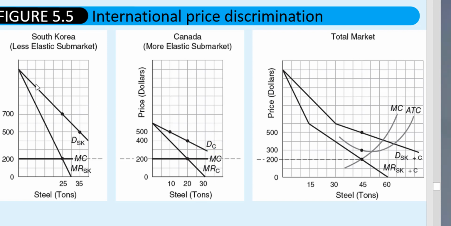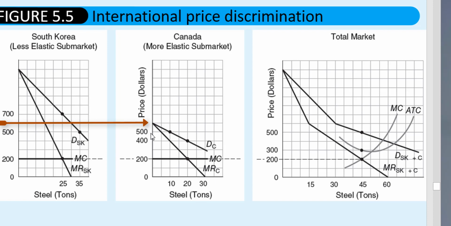Note that pretty much up to the price of $600, which lies here somewhere between 700 and 500, namely here, up to this point, there is only demand from South Korea. The demand in Canada, if the price is $600, is zero.